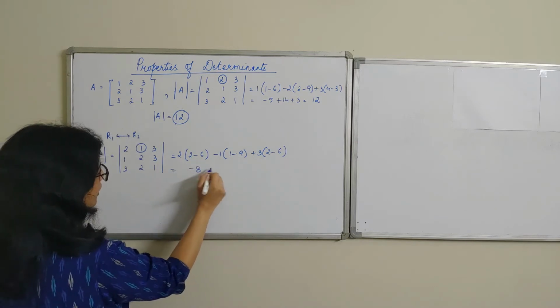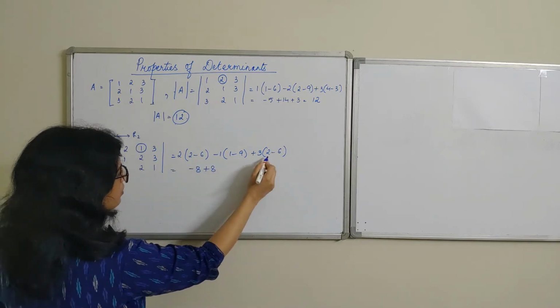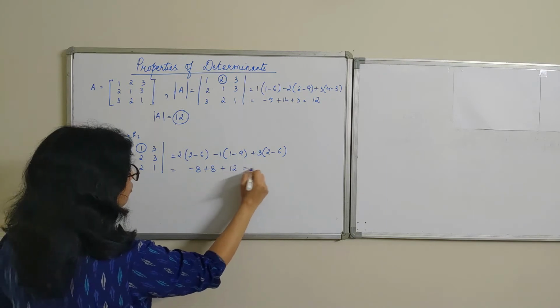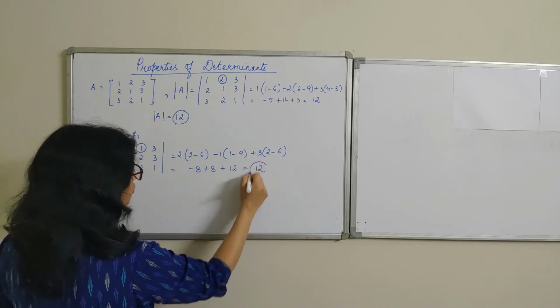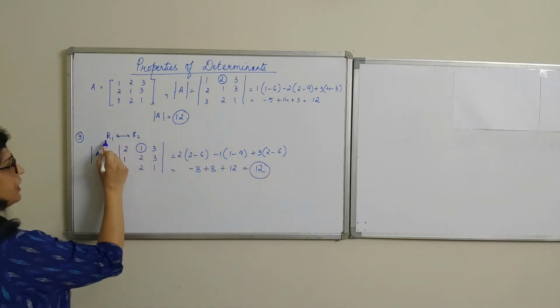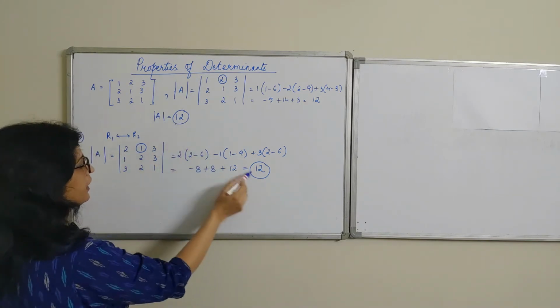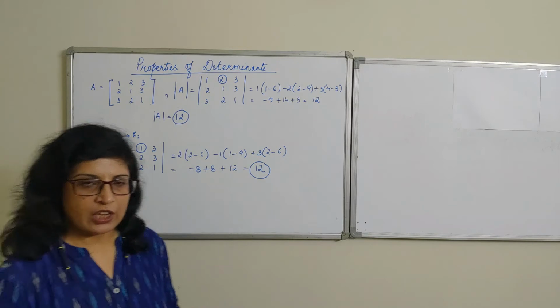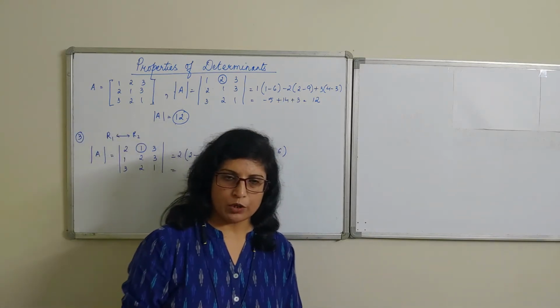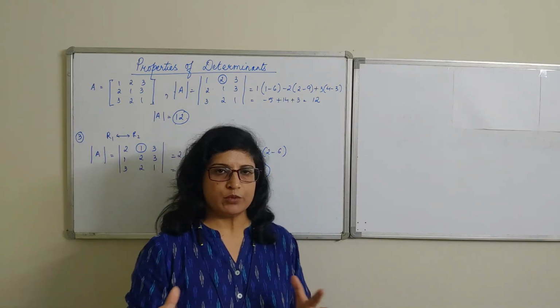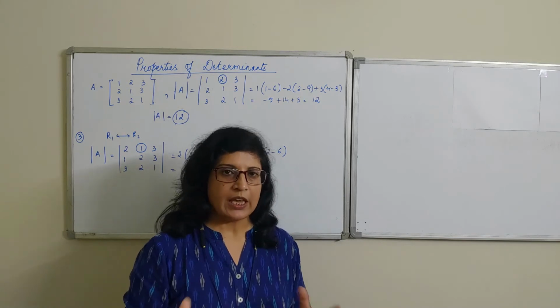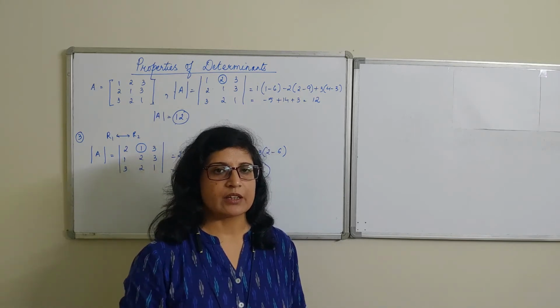This is minus 8 plus 8 plus 12. So the result is 12. So you can see here, if any two rows of a matrix are interchanged, the determinant does not change. The same thing applies to a column also. If any two columns of a matrix are interchanged, in that case the determinant does not change.